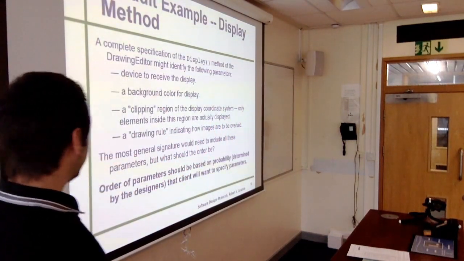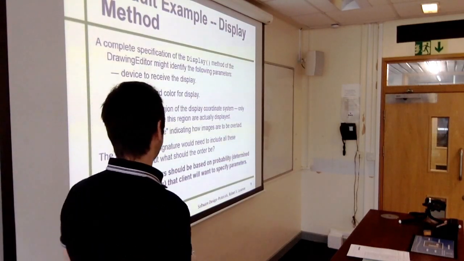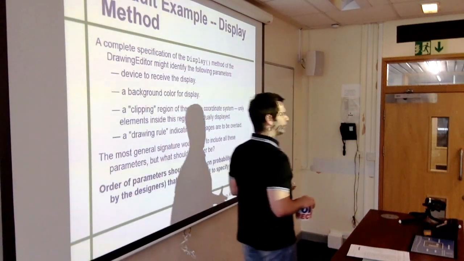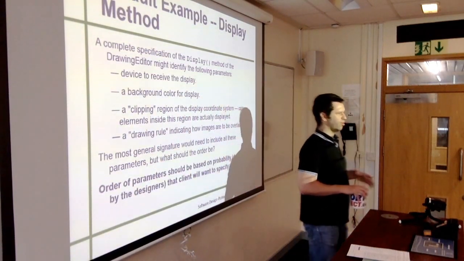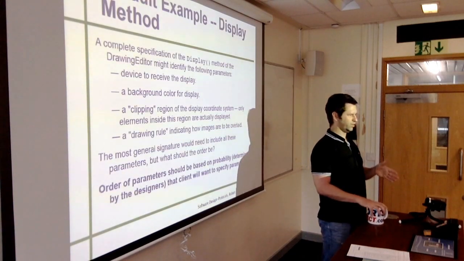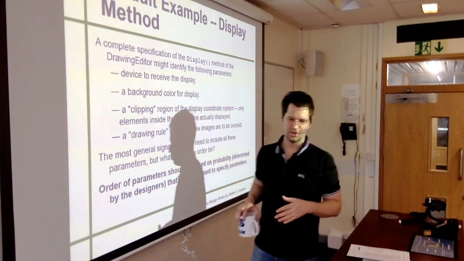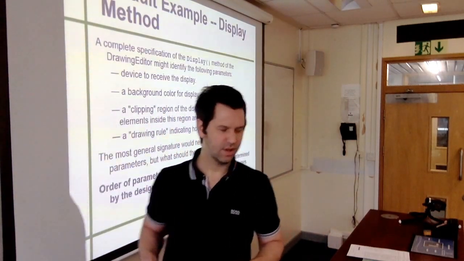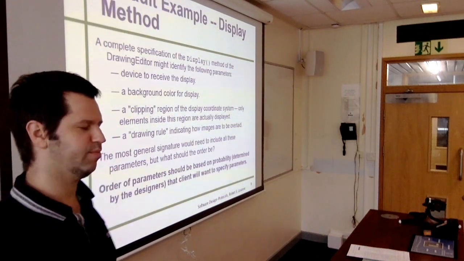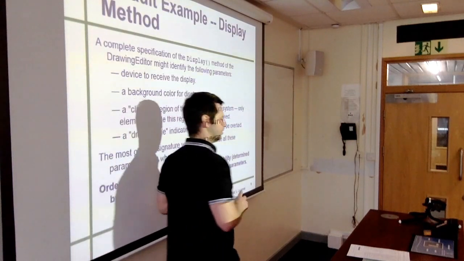The order of the input parameters is based on the probability that the client will want to specify the parameters, so their popularity. The most frequently used parameter is put first in the list of parameters, and the least frequently used is last. Now you might not know what the most frequently used input parameters are, but you can make an educated guess.